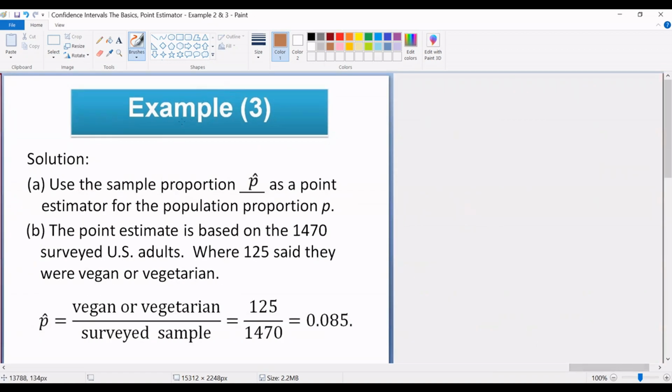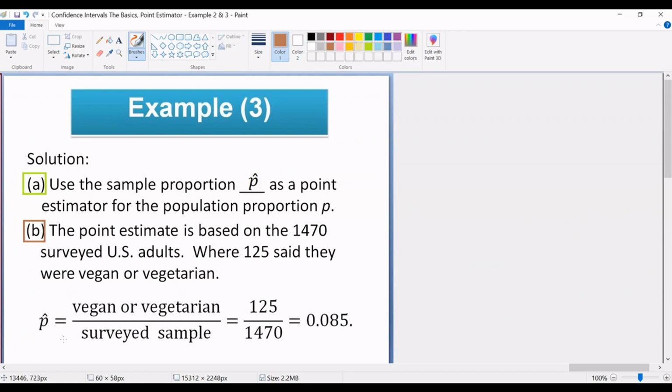We can summarize all of our solutions of example 3 as follows. In part A, use the sample proportion p hat as the point estimator for the population parameter p. And in part B, the point estimator is based on 1,470 surveyed US adults, where 125 said they were vegan or vegetarian.